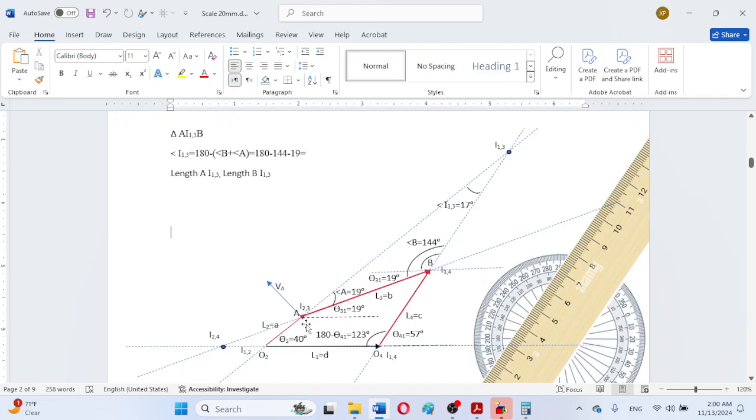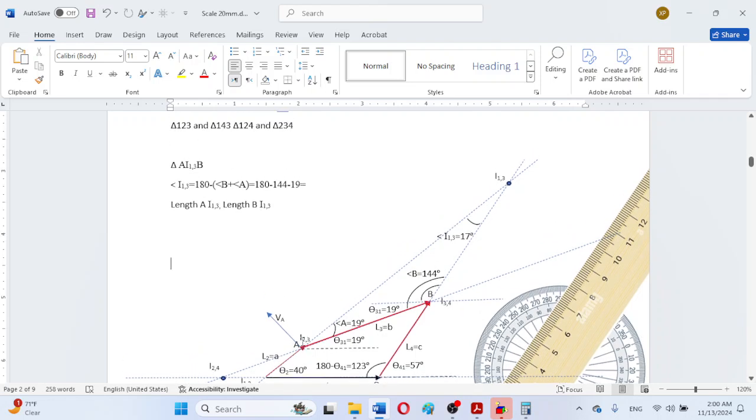So that is also perpendicular to the line connecting A I1,3.